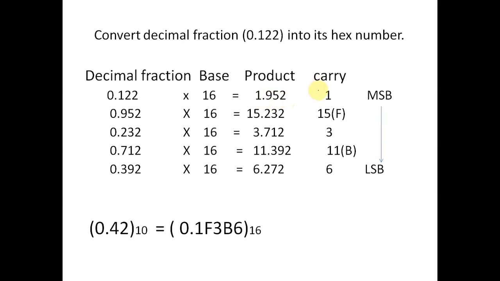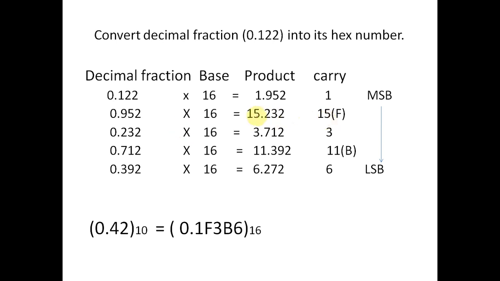This one is the carry part, and the remaining fraction part 0.952 is used for the next step. 0.952 multiplied by 16, the answer is 15.232. Here the carry part is 15, but instead of 15 we will write F. Why is it written F? In the hexadecimal number system, 15 is nothing but F.